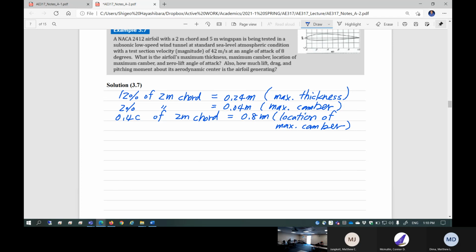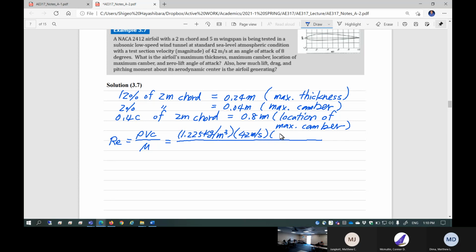Next, let's find out the Reynolds number of the test condition. Reynolds number is rho V C, chord length C, divided by mu. Standard sea level density is 1.225 kilogram per cubic meter. Velocity magnitude is given as 42 meters per second.